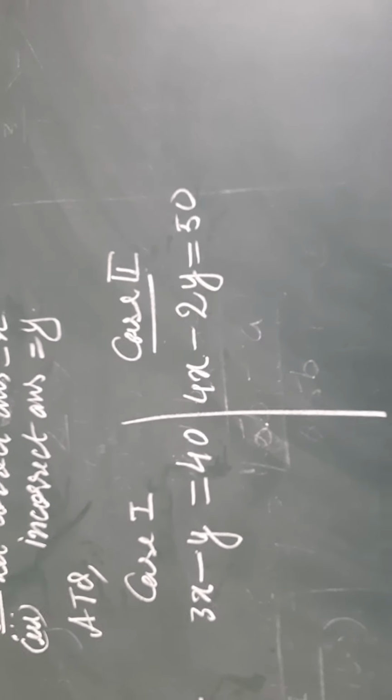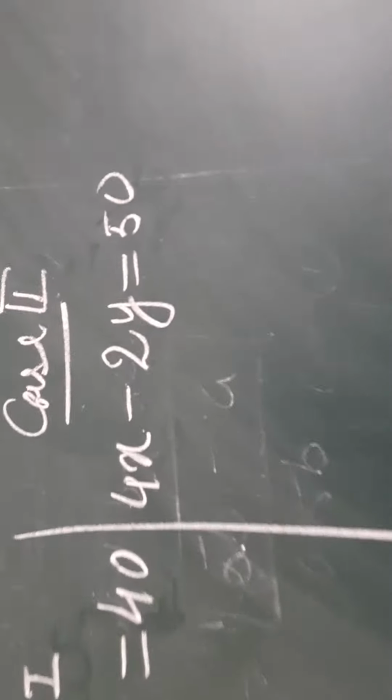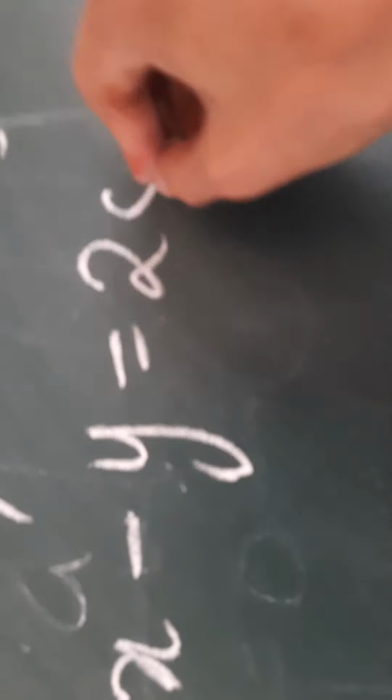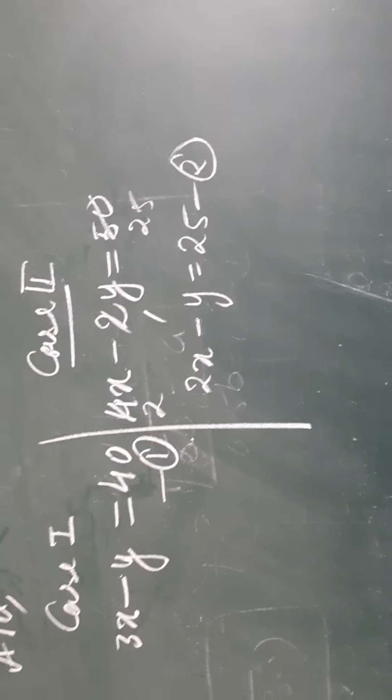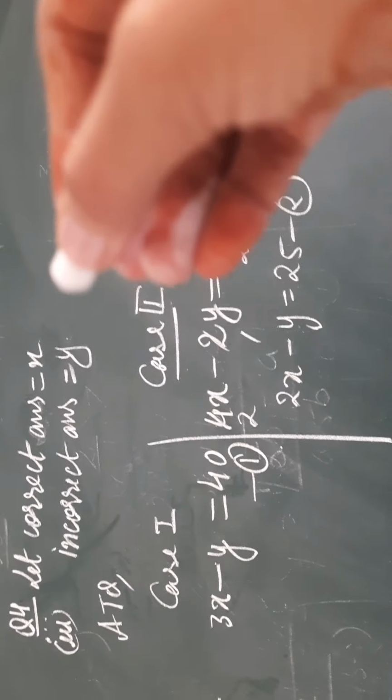So in this way you'll get the two equations. Dear students, again you can reduce the second equation as all are multiples of 2. So this will be your second equation, this will be your first equation. Find the answer, get the value of x and y, that will give you correct and incorrect answers.